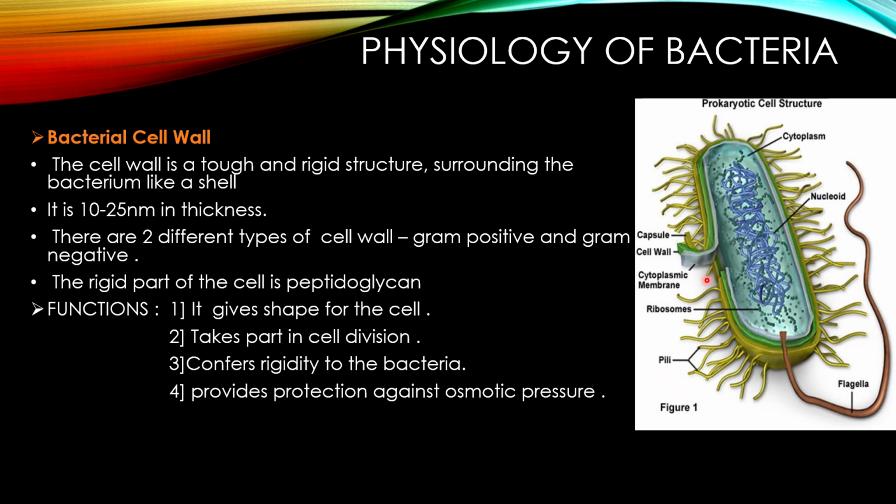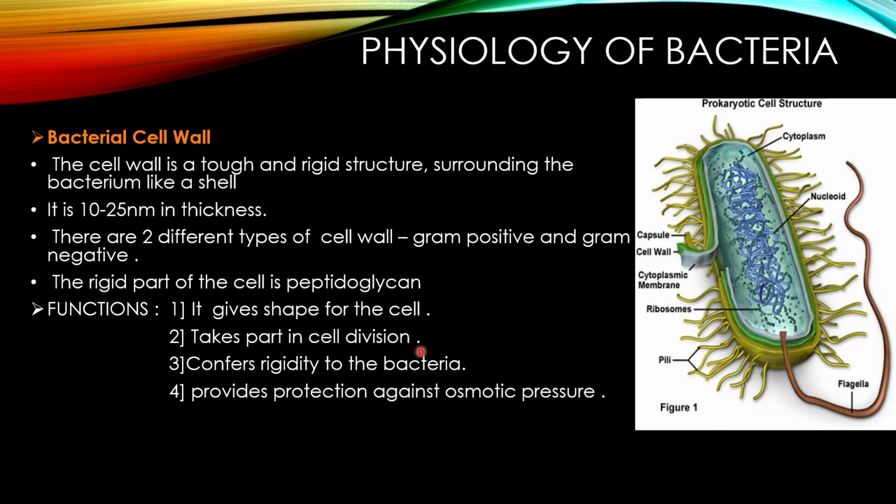When there is no cell wall, the cell can take up any shape it wants, just as we saw in mycoplasmas. Only when there is a cell wall, because of its toughness and rigidness, does it give a particular shape to the cell.